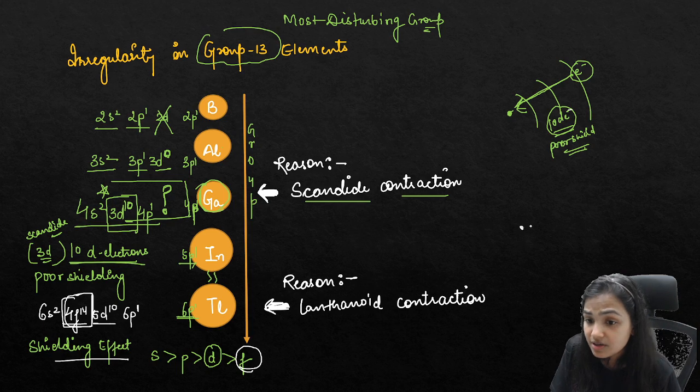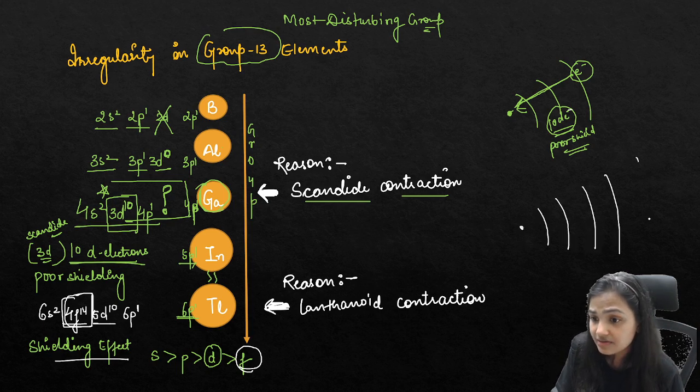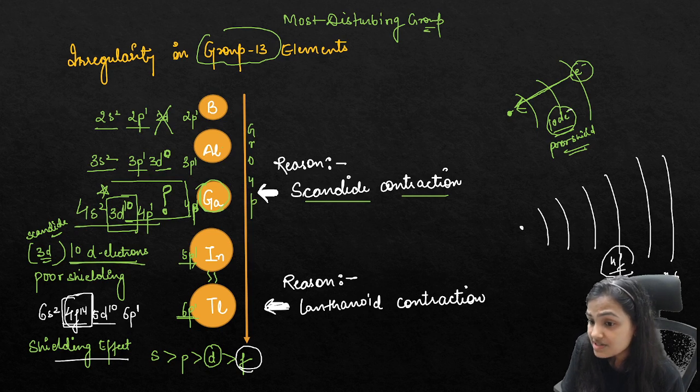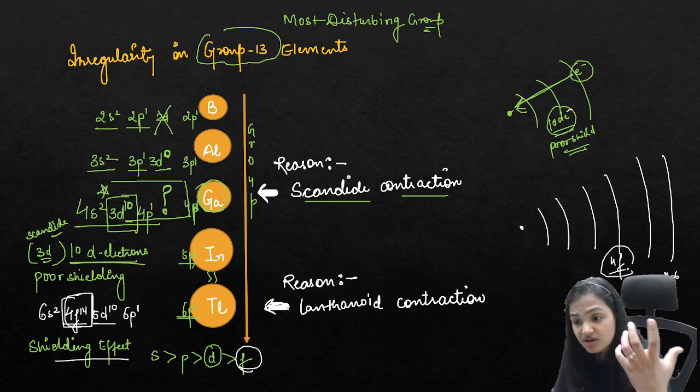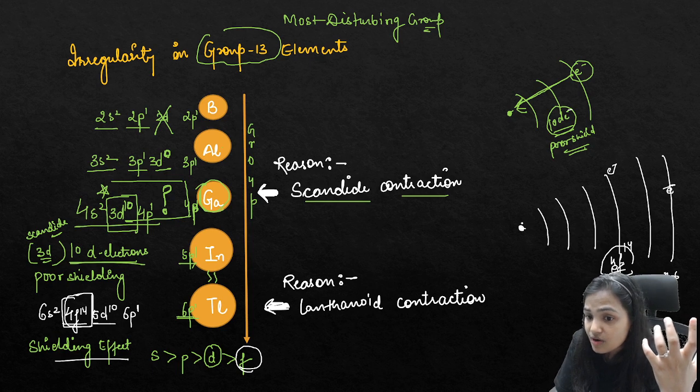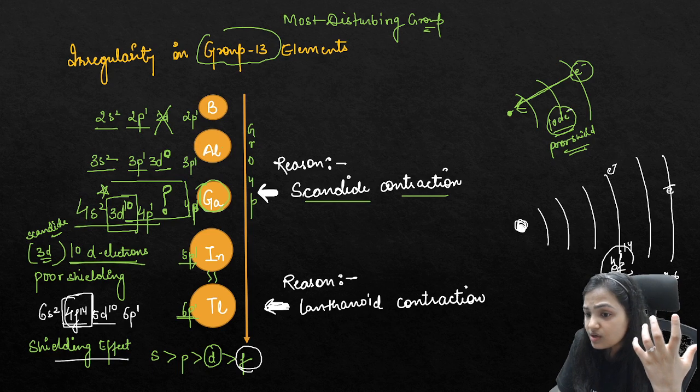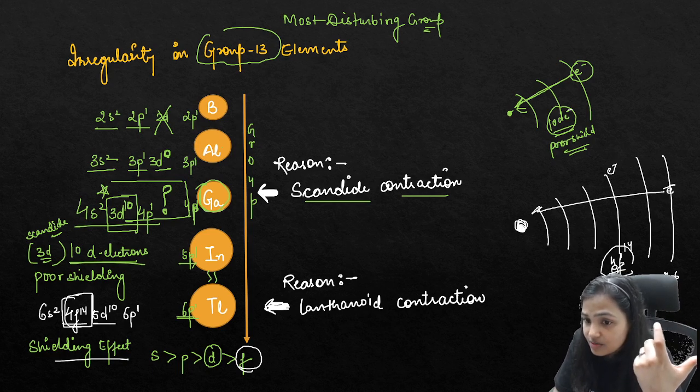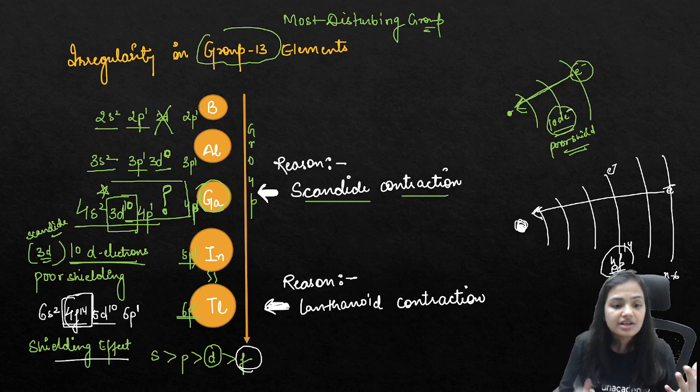But here, when we have n equal to 6, we have 4f subshells, and in the 4f subshells we have 14 f electrons which are very, very away from each other, and they are not protecting my last electron from the effect of this particular nucleus. Then what will this nucleus do? If they are not working well, then this nucleus will attract the last electron more strongly, and therefore the size decreases.